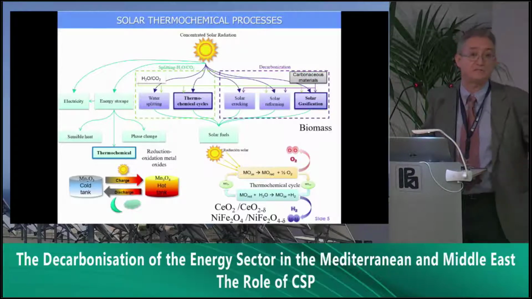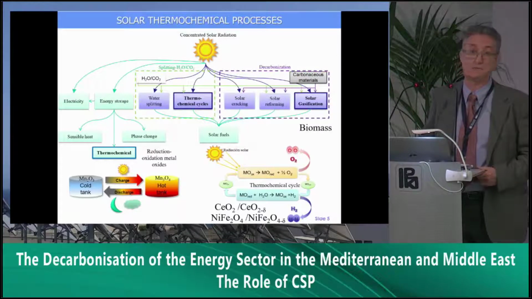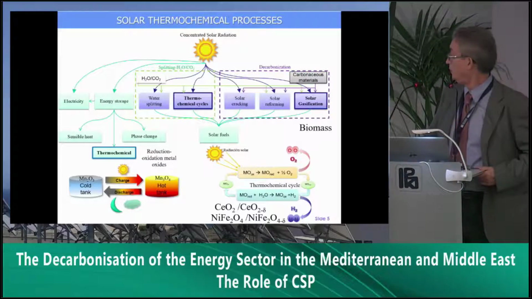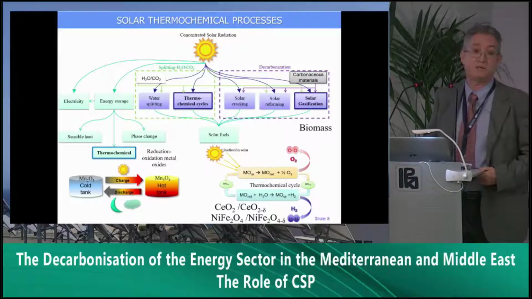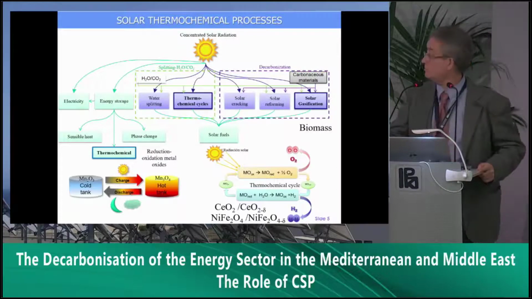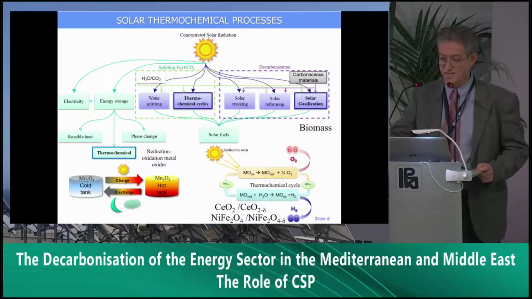Some typical good candidates are, for example, ceria or mixed ferrites. In general, we try to avoid very complicated chemistries to favor as much as possible the cyclability of the process and avoid the production of byproducts.